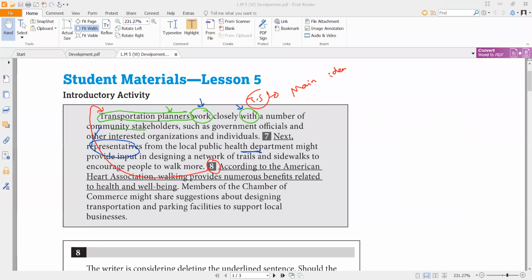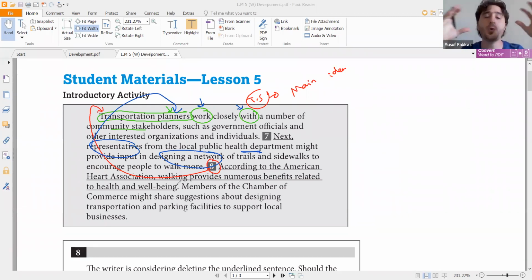Because they are one example of who transportation planners work with. How do they work with them? Look, they said that they might provide input in what? In designing a network of trails and sidewalks to encourage people to walk more. Okay? So the main idea, who transportation planners work with.